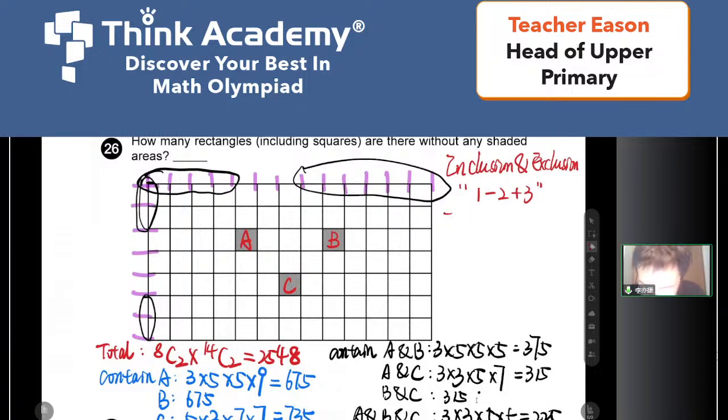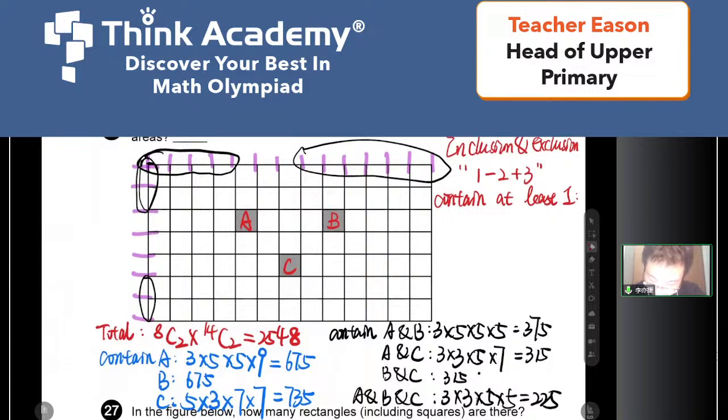We just use those that contain 1 grid, minus those that contain 2 grids, then plus those that contain 3 grids. So this is the basic inclusion and exclusion law.